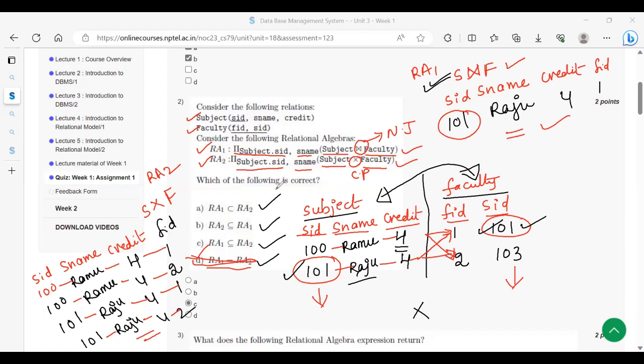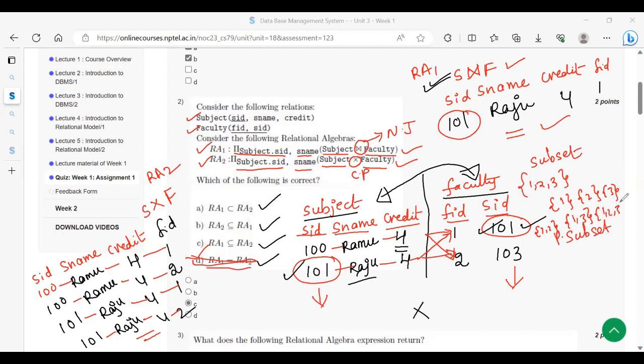Now remember, there are two terms: one is called subset, and the second is called proper subset. If I say 1, 2, 3, the subsets are 1, 2, 3, 1, 2, 1, 3, and 1, 2, 3.